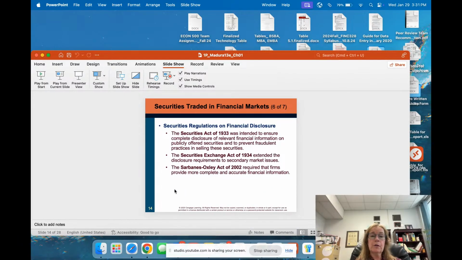And then the Sarbanes-Oxley Act was enacted as a result of a lot of the scandals at the turn of the century, in 2000, 2001, when we had the Enron scandal and the WorldCom scandal. This requires firms to provide more accurate information.